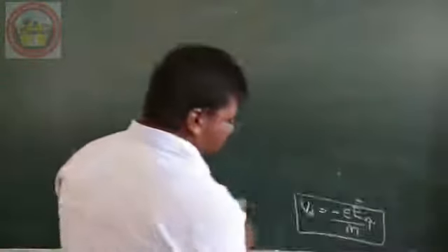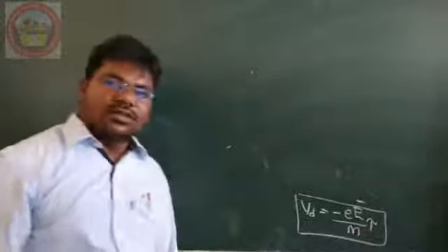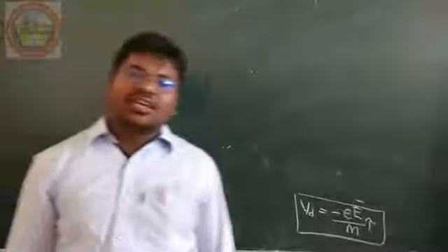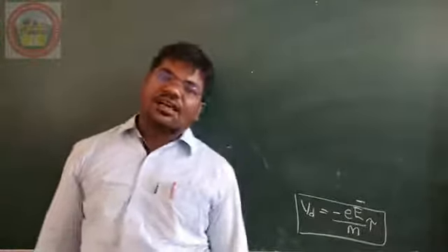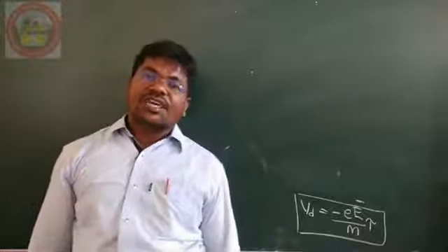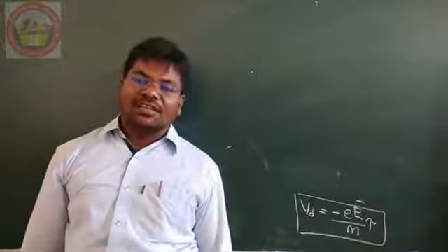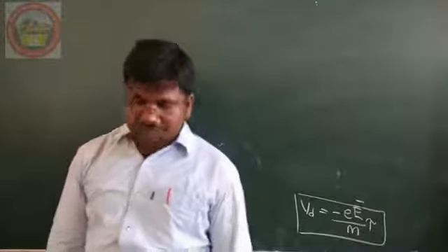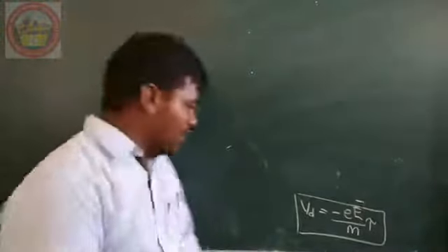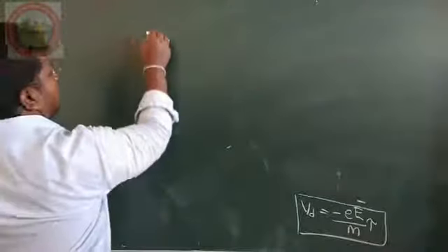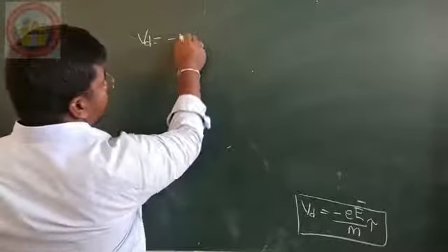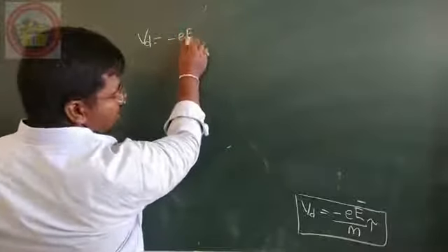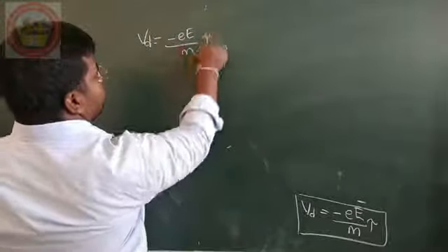So what is the drift velocity now? What is the definition of drift velocity? The average velocity or the average speed of electrons under the influence of an external electric field. So drift velocity Vd is equal to minus small e capital E divided by m into tau.